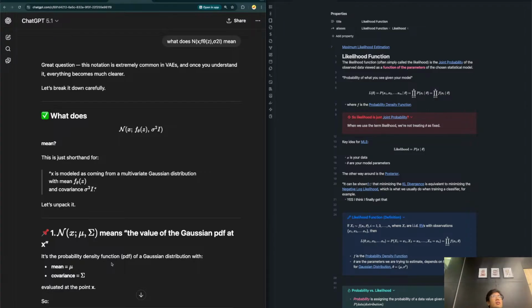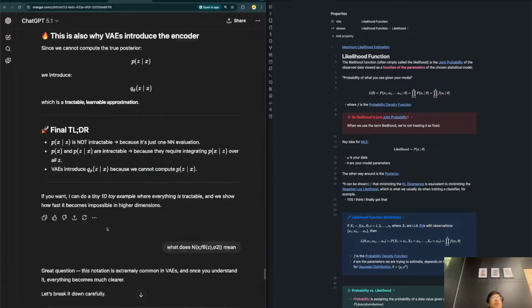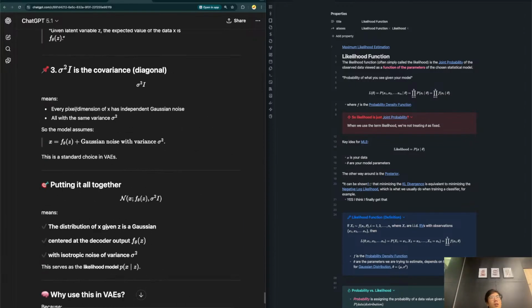P of x given z is tractable because we're just saying this is a function we learn. So it's very easy to compute. Got it. Okay.